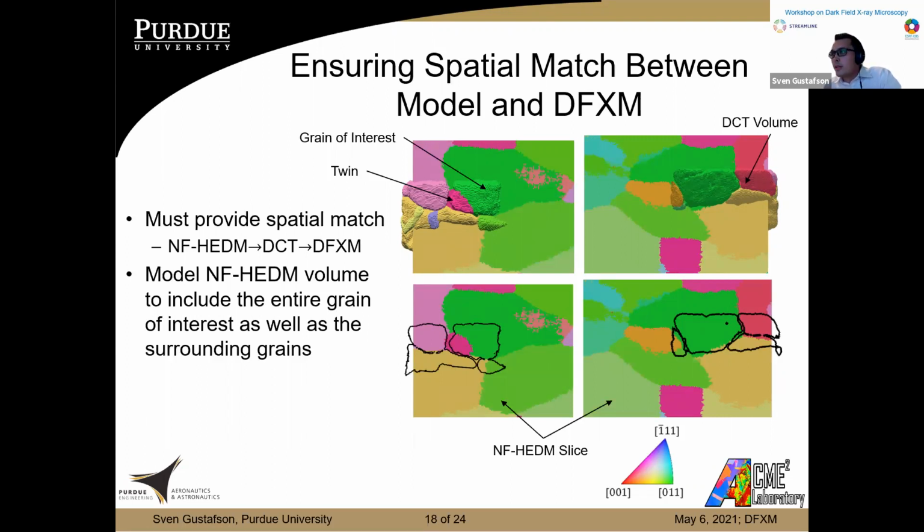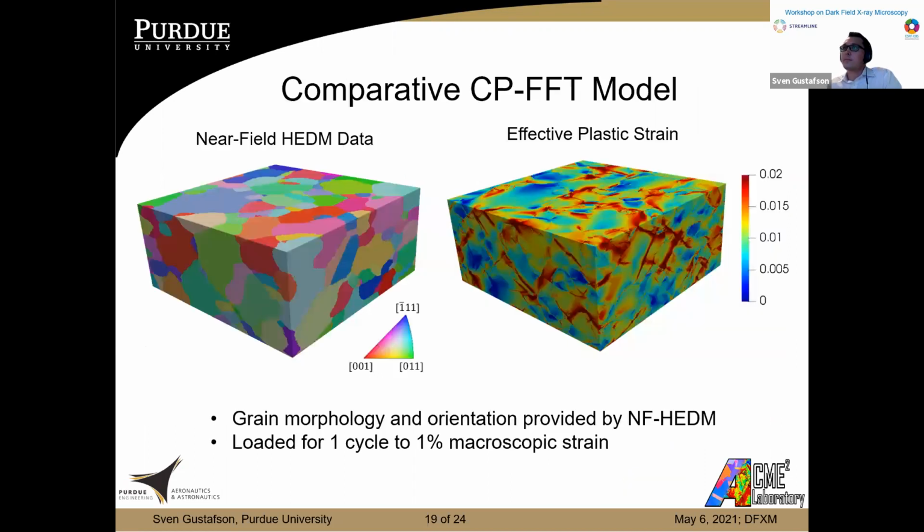We of course didn't expect a perfect match because we were looking at 2 different specimen sizes, but the grain boundaries lined up very well indeed. And now that we have spatially linked all of the length scales from dark field to DCT to near field, where the model is at, we're able to move forward.